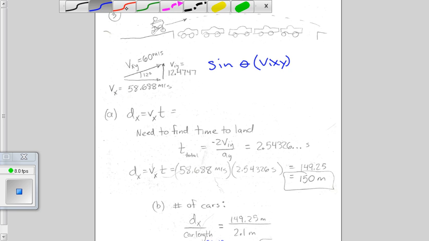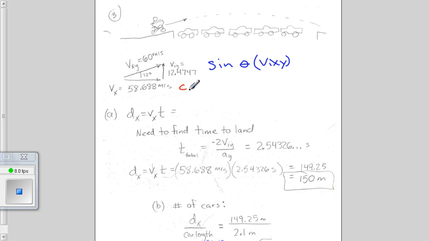Recall that in order to find the sideways component of the velocity, take the cosine of the launch angle, in this case 12 degrees, times the initial velocity at an angle. That should give you about 12.47 meters per second up and about 58.6 something meters per second sideways.